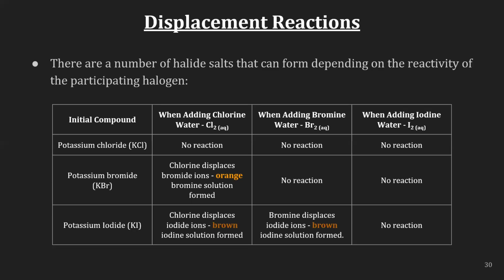When adding bromine water, bromine cannot displace, no reaction even with iodine. When I add bromine, chlorine displaces it, and an orange bromine solution forms. And when I put iodide, iodide will be replaced. So you have to remember the format of this.